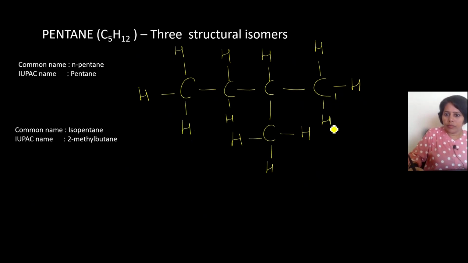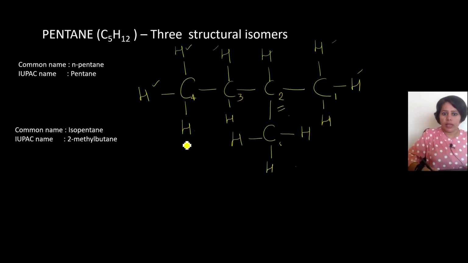Count 1, 2, 3, 4, and in total we have 5 carbon. The branching is on the second carbon atom, only one branching. And total hydrogens, if we count, it will be 12: 1, 2, 3, 4, 5, 6, 7, 8, 9, 10, 11, 12. So 5 carbon atoms and 12 hydrogen, so the molecular formula is the same.